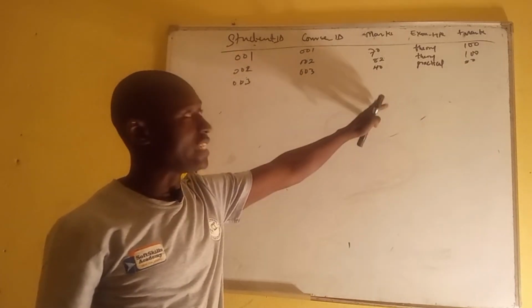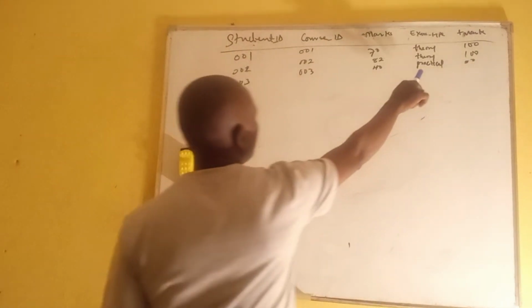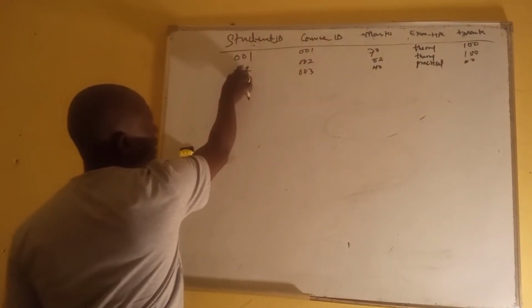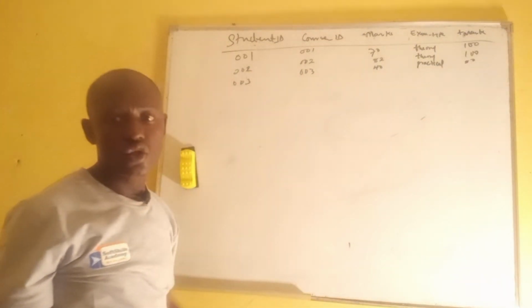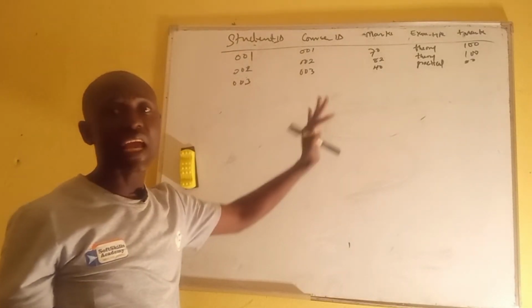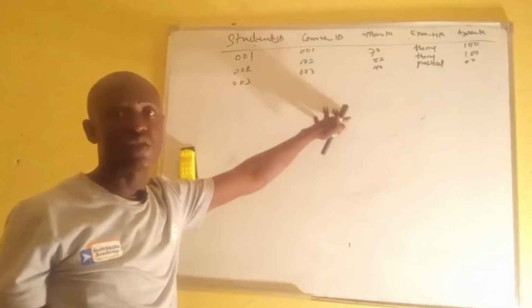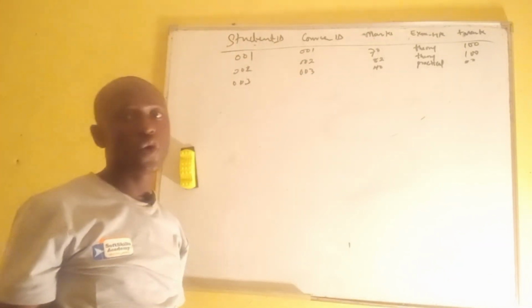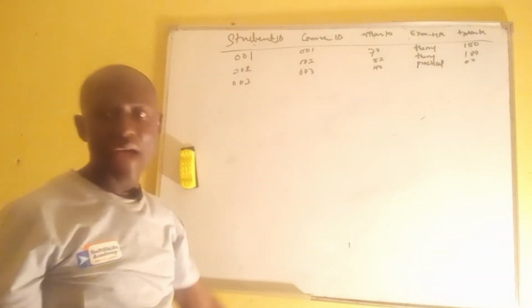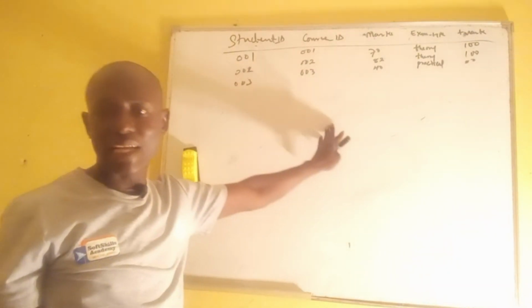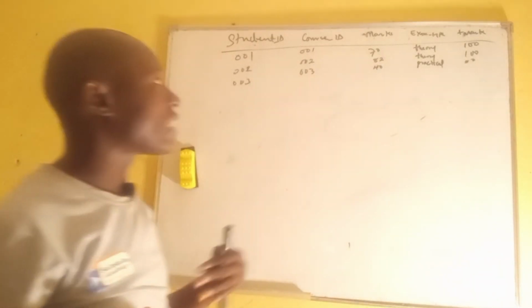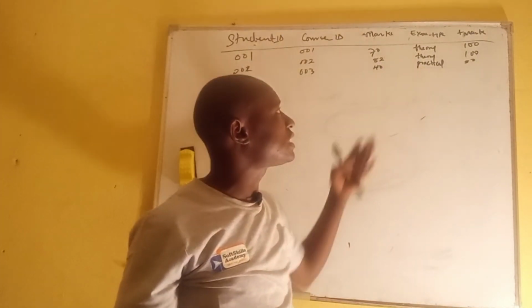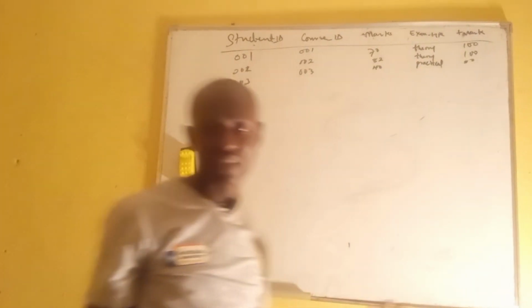A student can be in any of the faculties we mentioned in the previous table, and based on that, they may have different exam types. One may have practical, one may have theory and what have you.